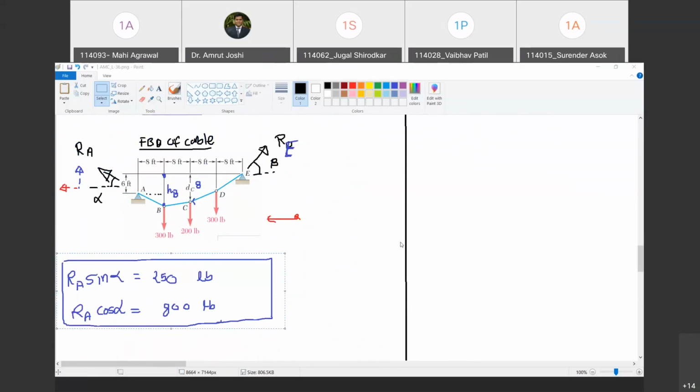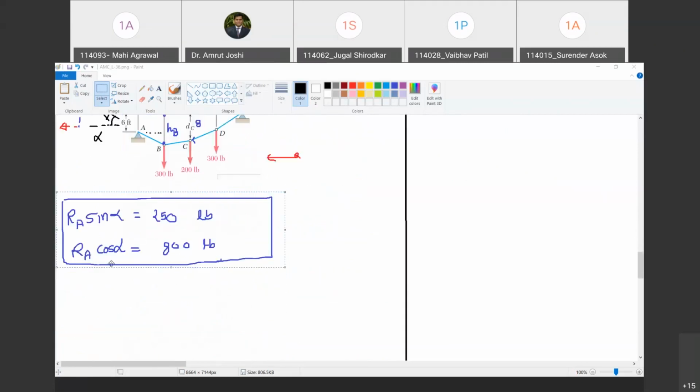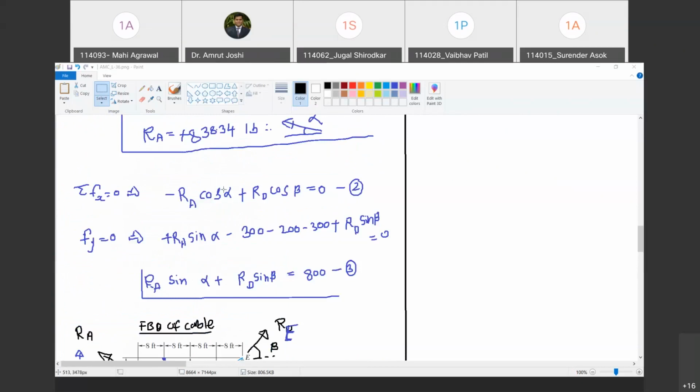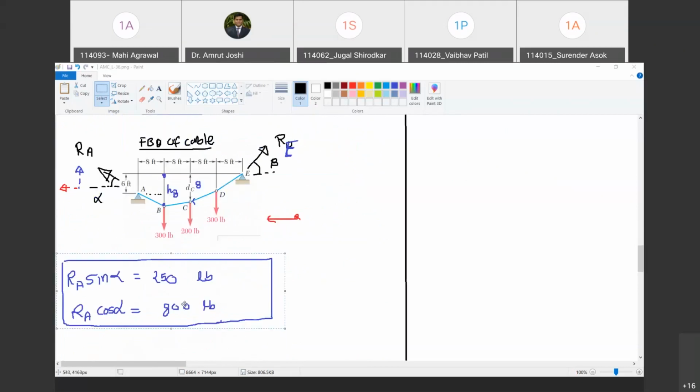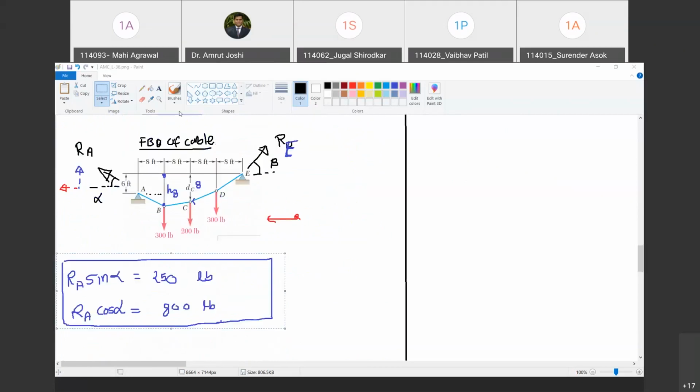Okay, now let us substitute these two values in equation number 2 and 3. What is the value of RA cos alpha? It is 800. So I will substitute 800 here. Therefore, this will become minus 800 plus RD cos beta is equal to 0. Do you agree with me? Yes, sir.